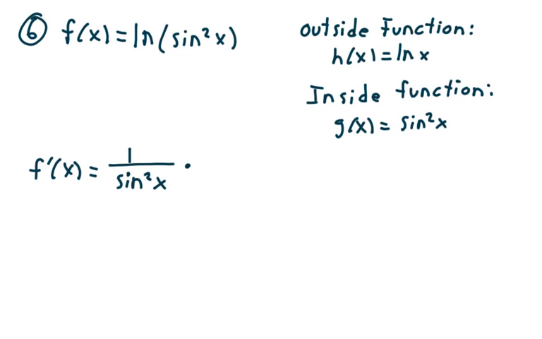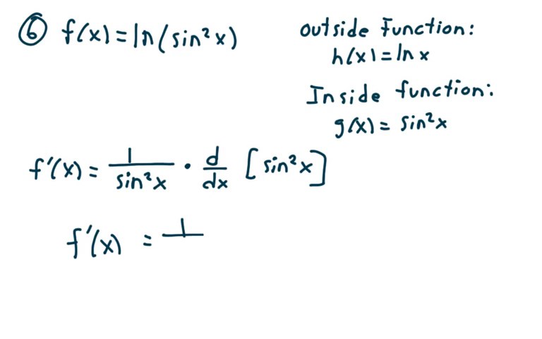But then I'm going to multiply by the derivative of the inside function, which is the derivative of sine squared x with respect to x. And so f prime of x is 1 over sine squared x times 2 sine x times cosine x. So I had to apply the chain rule just to take the derivative of sine squared x.